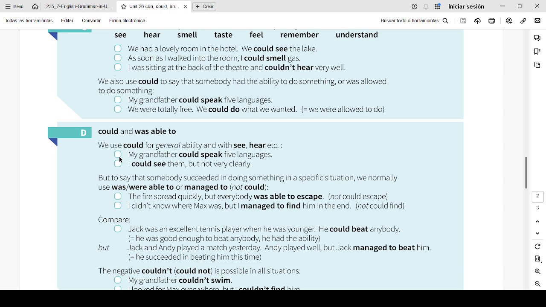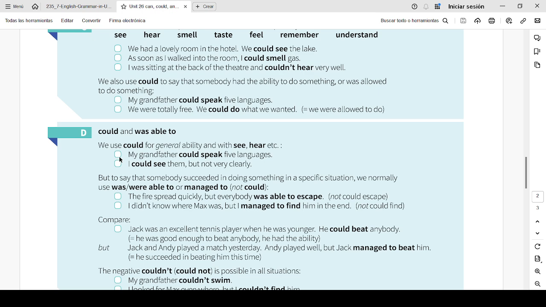I could see them, but not very clearly. But to say that somebody succeeded in doing something in a specific situation, we normally use was or were able to, or managed to, not could. So that's the difference between could and was able to.